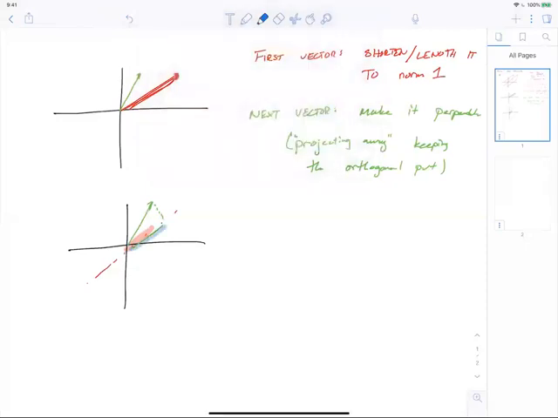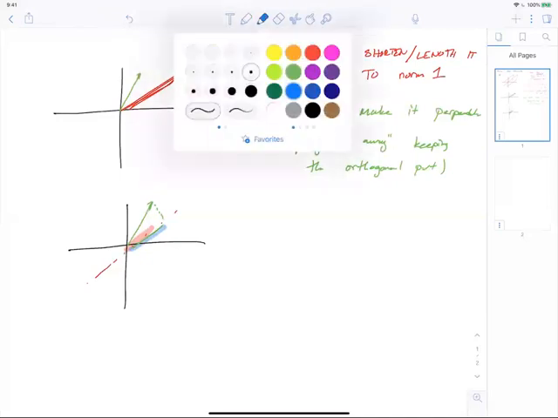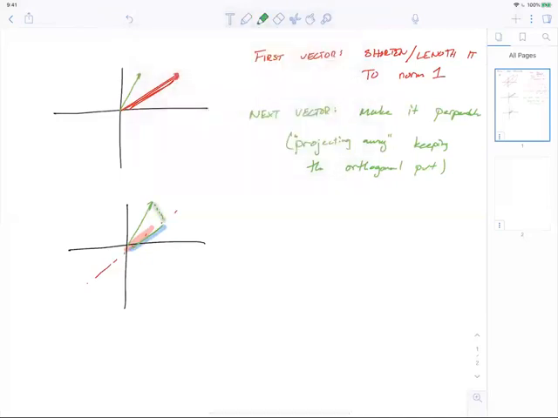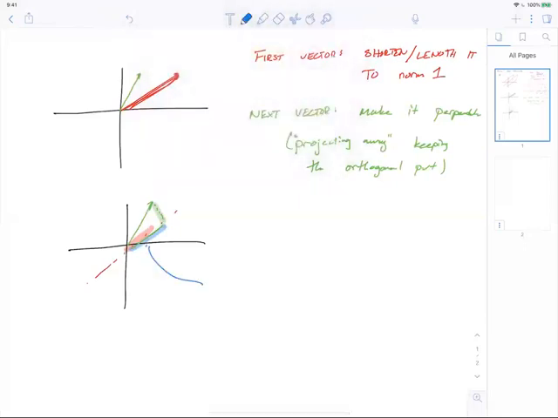So we're then just going to keep that part right there. We're going to throw away the projection, and we're going to keep this part right here.